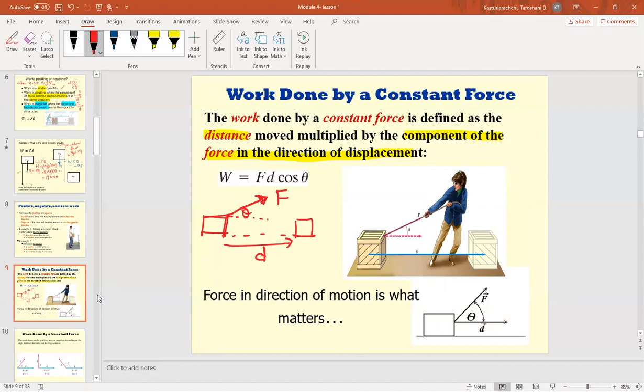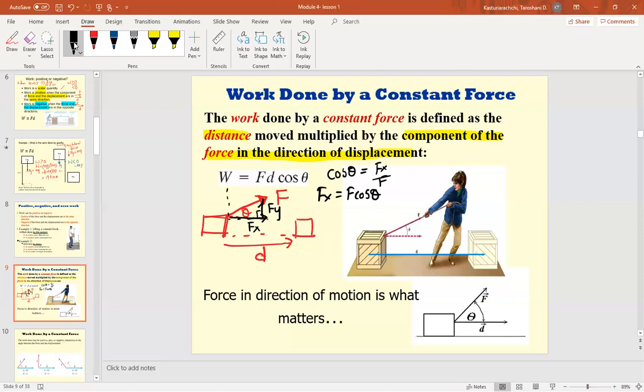Now let's look at here. How can I make this work? If I know this force, which is in a 2D plane, there is a force component here. We call this Fx, and this Fy. Because I have a right triangle, cosine theta is Fx over F, so Fx is F cosine theta.